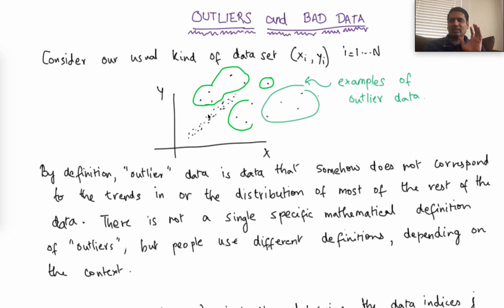Of course, one can make an objective definition in particular cases, but in general, there is not a uniformly accepted definition of what an outlier is. There's not a single specific mathematical definition of an outlier. People use different definitions, and the definition may depend on the context, right? But outliers would just be something that is substantially different, very crudely speaking.